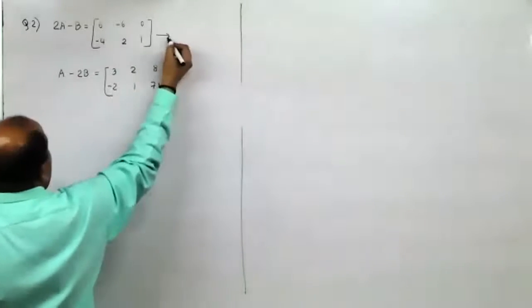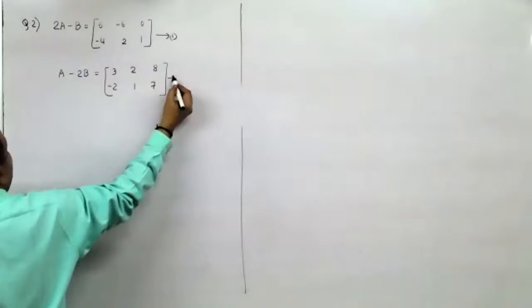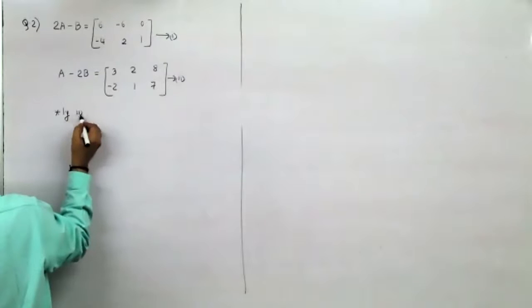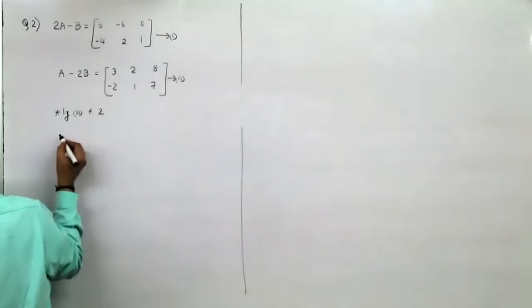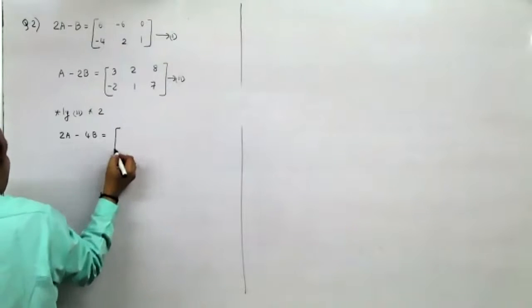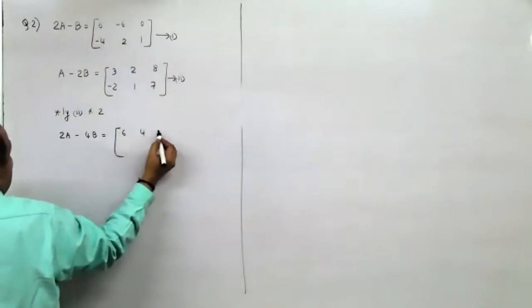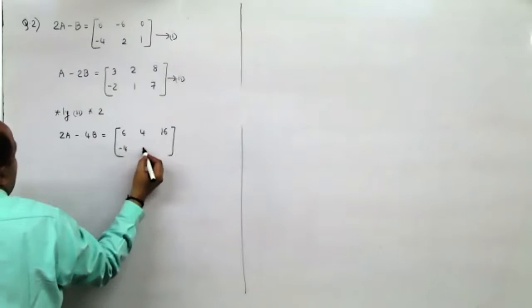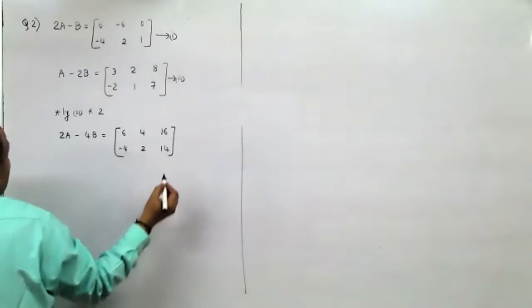We can say multiply the second one by 2. So you get 2a minus 4b is equal to, when I multiply with 2, I get 2 into 3, 6, 2 into 2, 4, 2 into 8, 16, 2 into minus 2 is minus 4, 2 and 14.